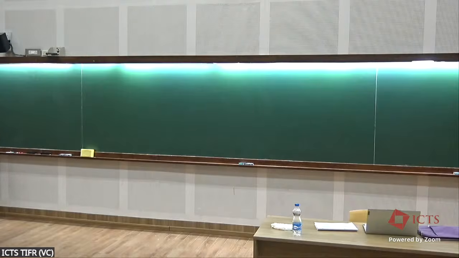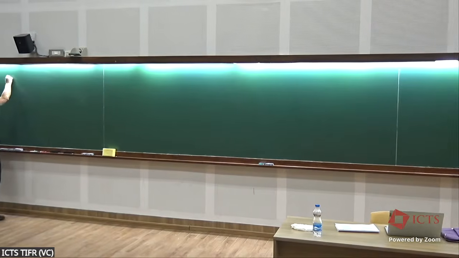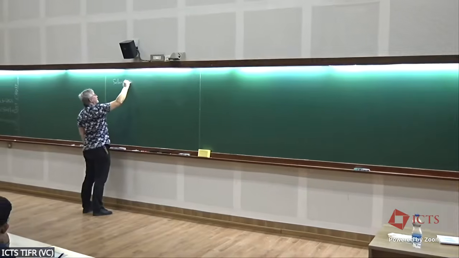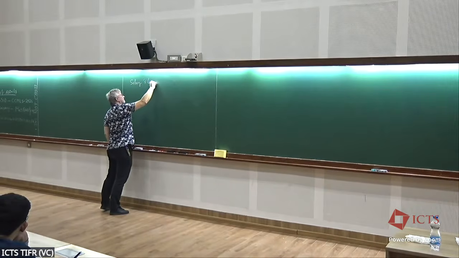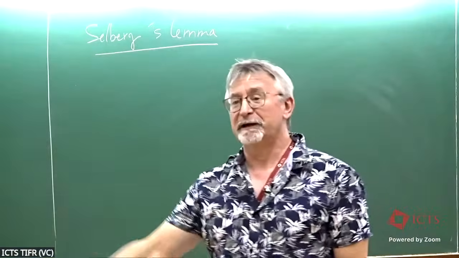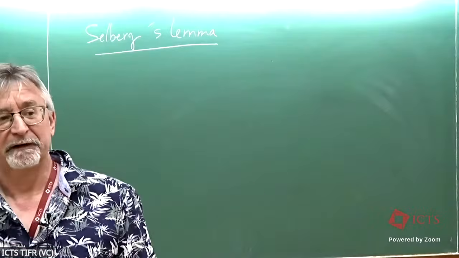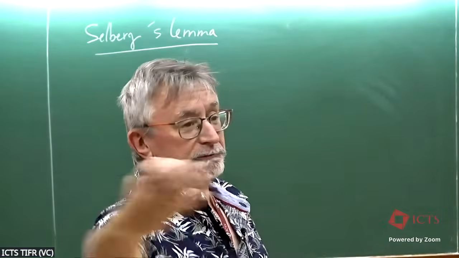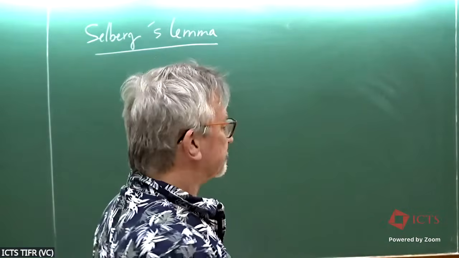So for the large sieve inequality, I'm going to prove it in two ways, and today is through Hilbertian stuff. I'm going through something which I call Selberg's lemma. Selberg was at the Institute for Advanced Study, Bombieri was at the Institute for Advanced Study, and they talked together on the large sieve, especially.